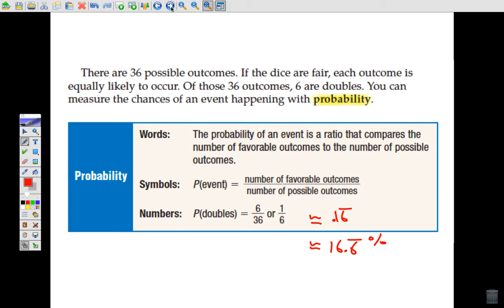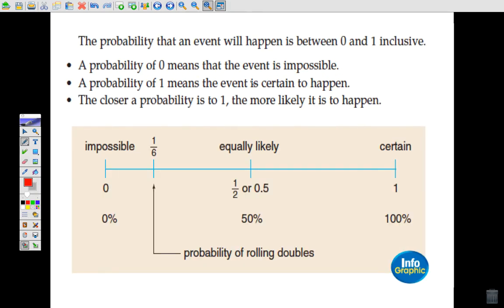Okay, so remember when we look at probabilities, all probabilities will be between 0 and 1 inclusive. So a probability of 0 means that it's impossible. A probability of 1, which is really, it moves over 2 places, it's 100%. That means it's 100% certain that it will happen. Everything else in between 0 and 1 kind of falls on this chart as to how likely it is to happen.